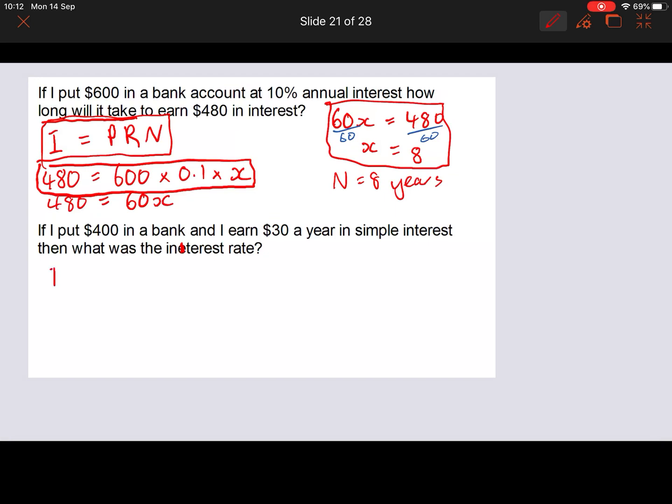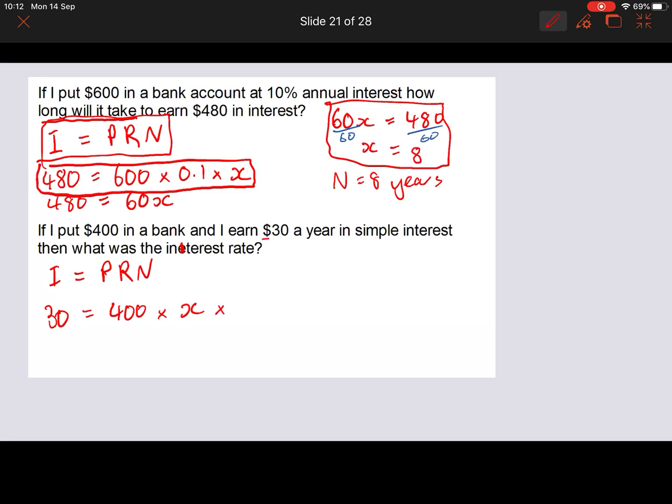Okay, here's another question. If I put $400 in a bank and I earn $30 a year in simple interest, then what was the interest rate? Sorry, that's a spelling mistake there. What was the interest rate? So, again, write the formula. Interest is equal to the principal times the interest rate times the number of years.